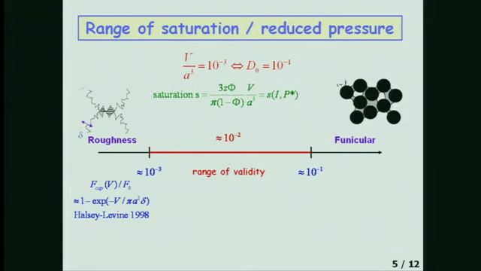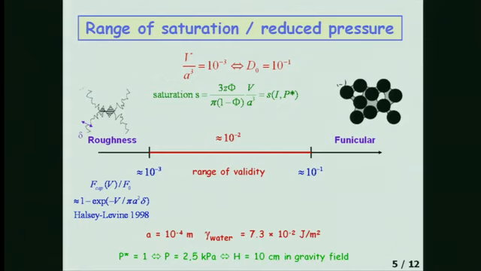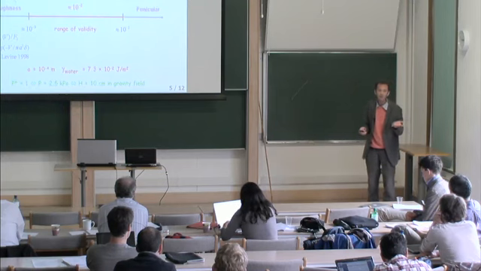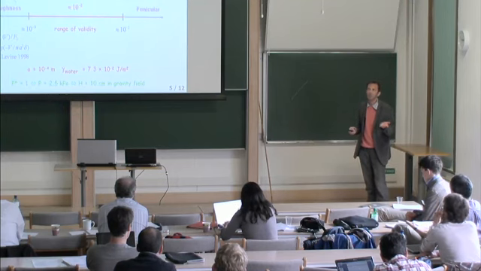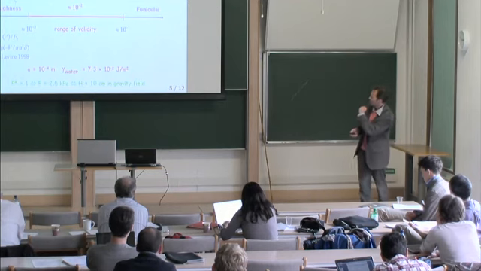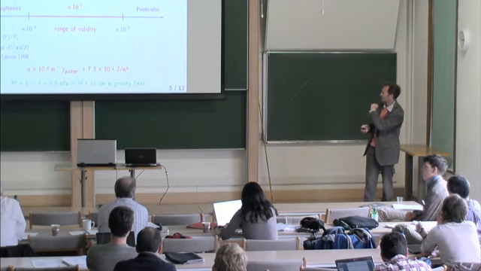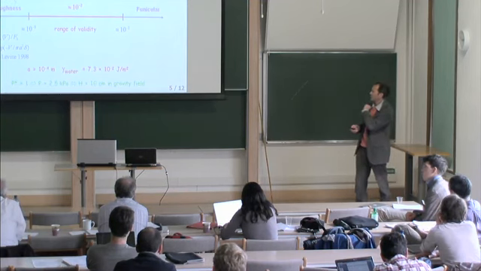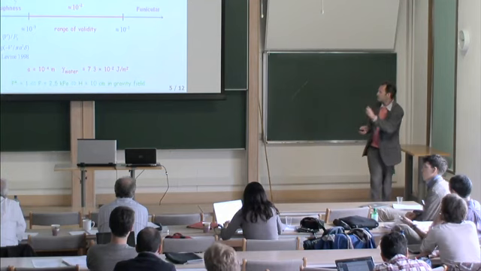The typical values studied here are in the range of 10⁻². For the reduced pressure, if we consider a grain of 100 micrometers and water, a reduced pressure of value 1 corresponds to a pressure of, sorry, 2.5 kilopascals. That is to say, a height of grains of 10 centimeters in the gravity field.